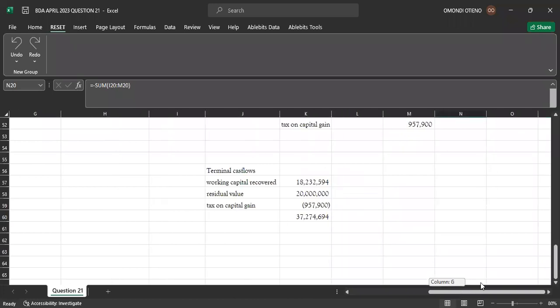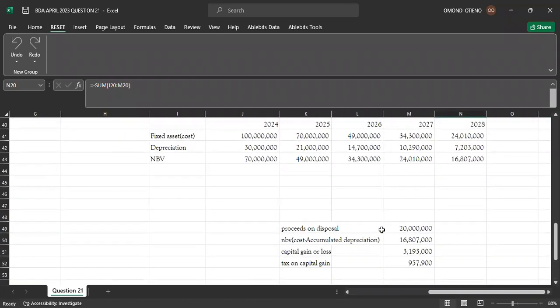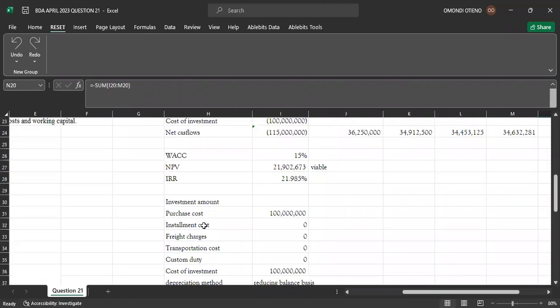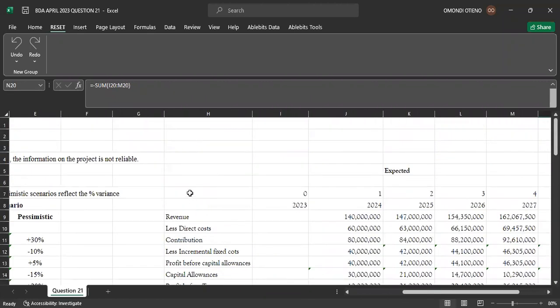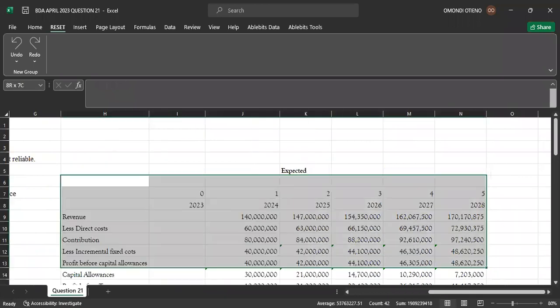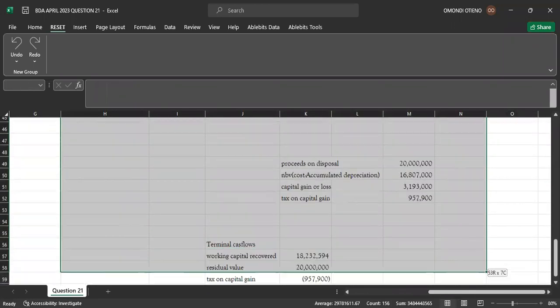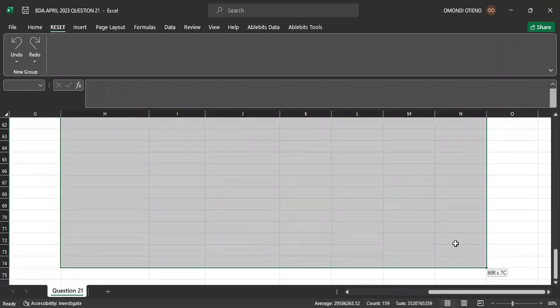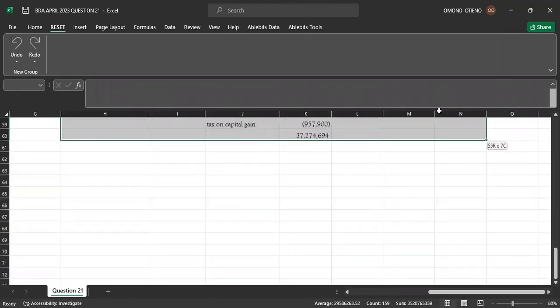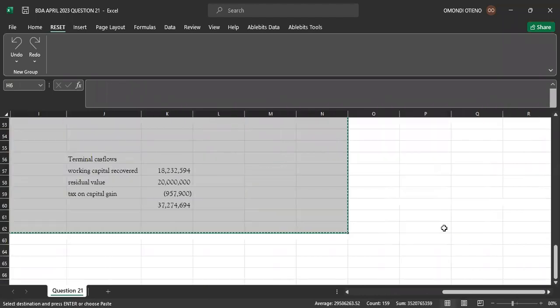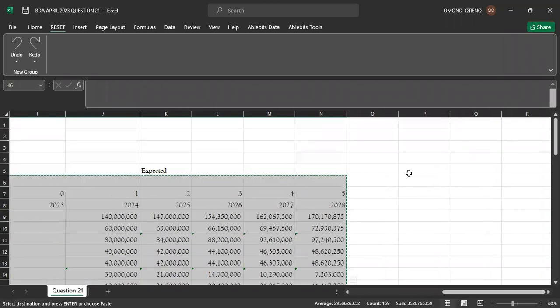So once you've been able to set everything here with the references that we are doing, you just come up here, highlight this, and copy everything that you are using there. Control C, copy that, and then you come to this space.